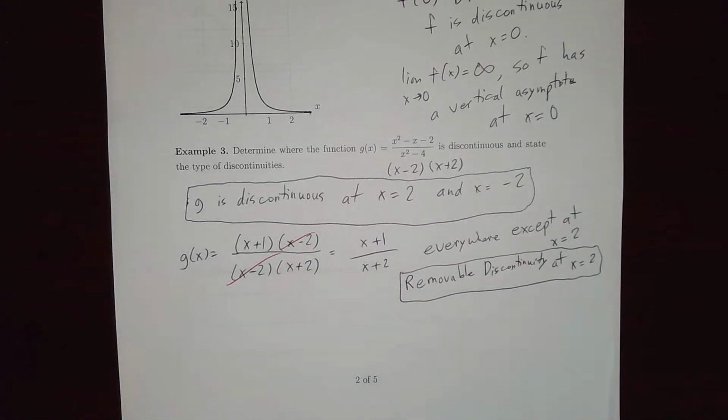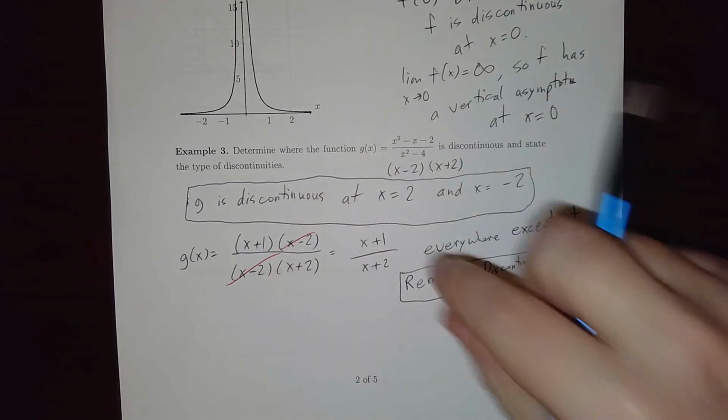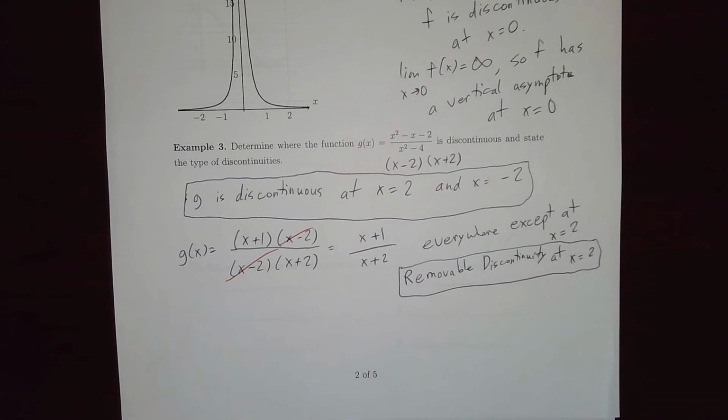However, when we look at our other type of discontinuity, what we see is that this is already as simplified as it can be. So there's nothing else we can do to try to simplify this potential function, and we're still going to have a value of x that makes the denominator 0, and so because of this we're going to end up with a vertical asymptote.